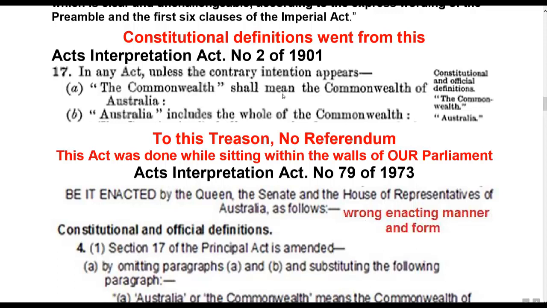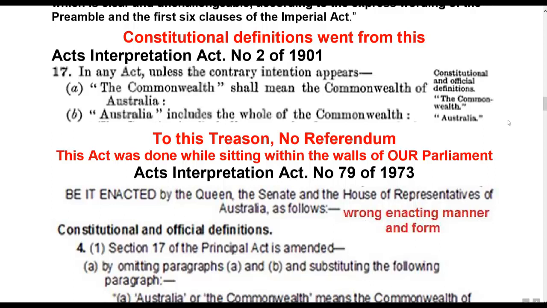A, the Commonwealth shall mean the Commonwealth of Australia. So we come back to the right, Australia. Then we go back to B, Australia includes the whole of the Commonwealth. This system of having the headings on the side is the old Pring system of writing law. It's just the way they used to do it in the old days, that's all.